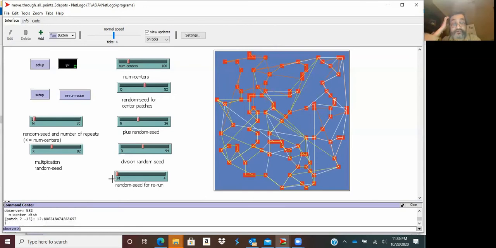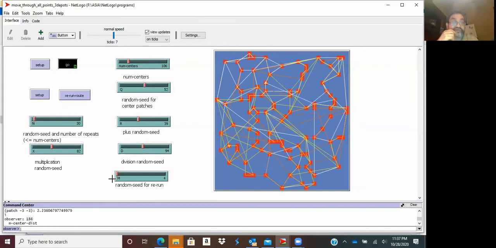This is a kind of algorithm that many delivery companies are using. Amazon, the post office, and UPS as well use this kind of algorithm to determine the best delivery routes.